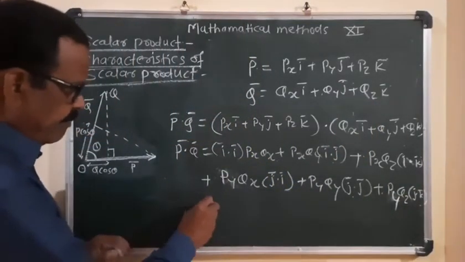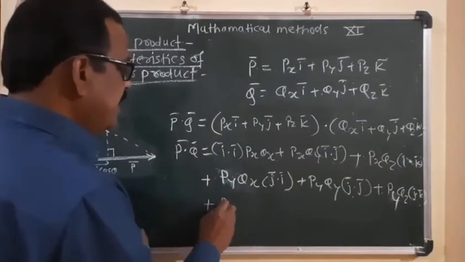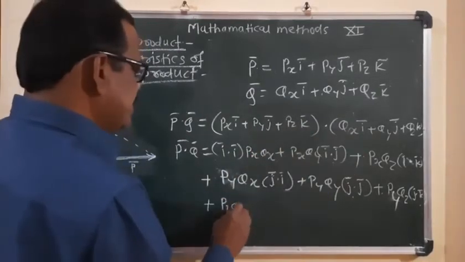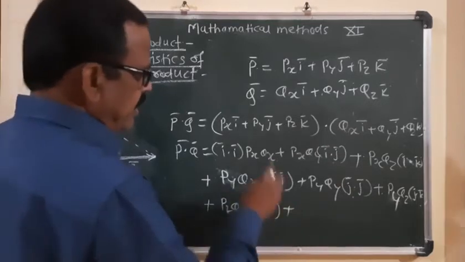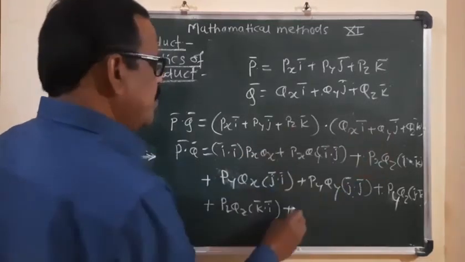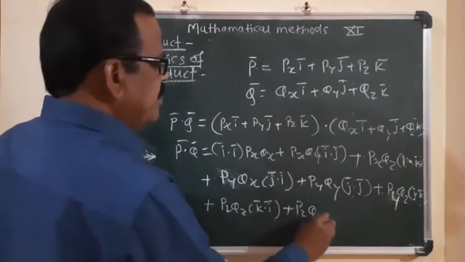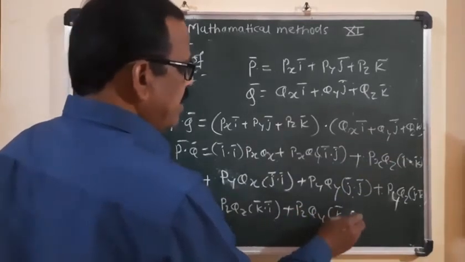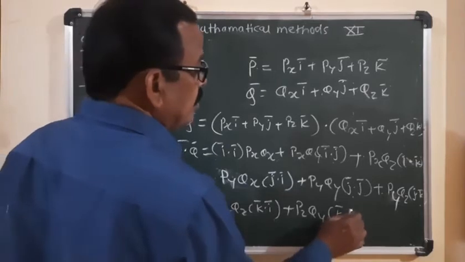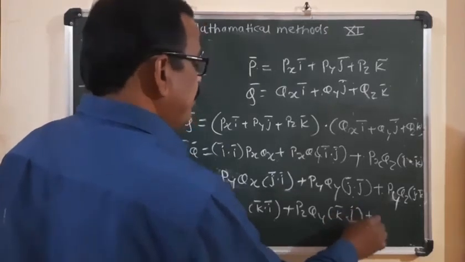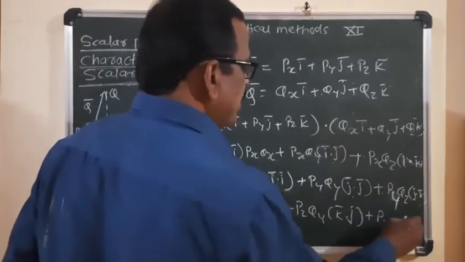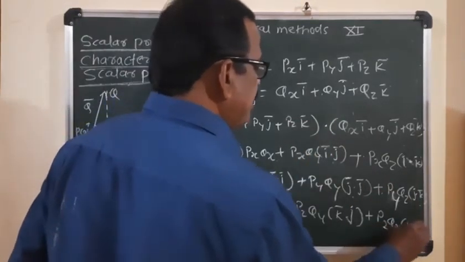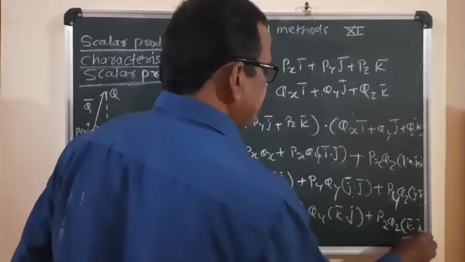Last term: plus Pz Qx K bar dot I bar, plus Pz Qy K bar dot J bar, plus Pz Qz into bracket K bar dot K bar.